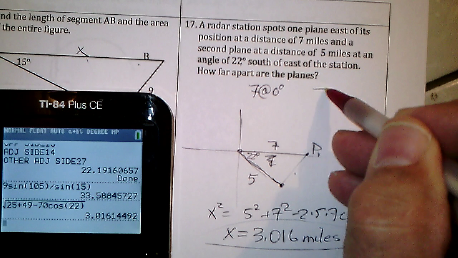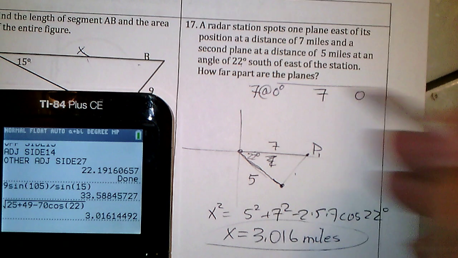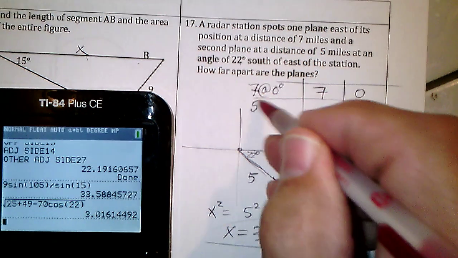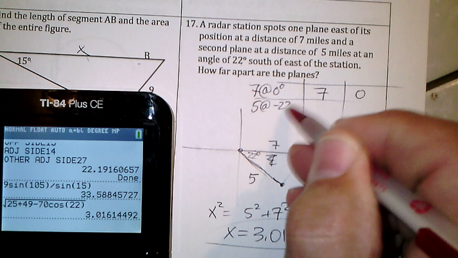So that's going to be 7 in the x and 0 in the y. And we'd have 5 at negative 22.